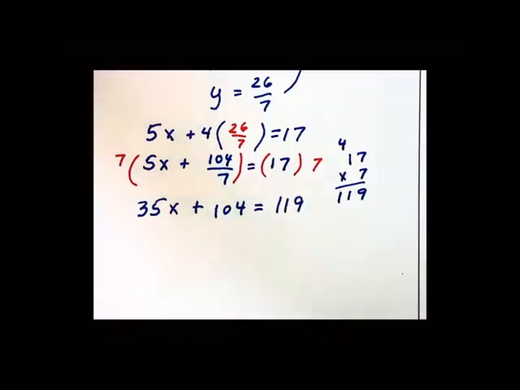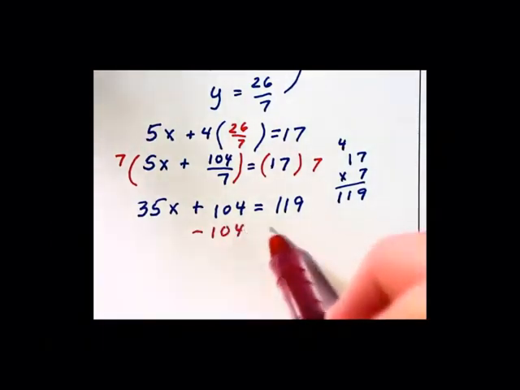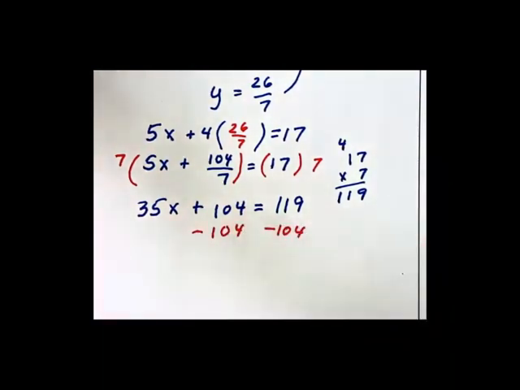We're trying to solve for x, so we're going to subtract 104 on each side of our equation, and that will leave us 35x equals 15. We'll divide each side by 35.